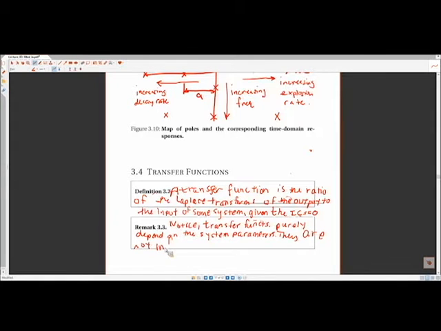I'm going to write that they are not influenced by non-homogeneous forcing functions or initial conditions.